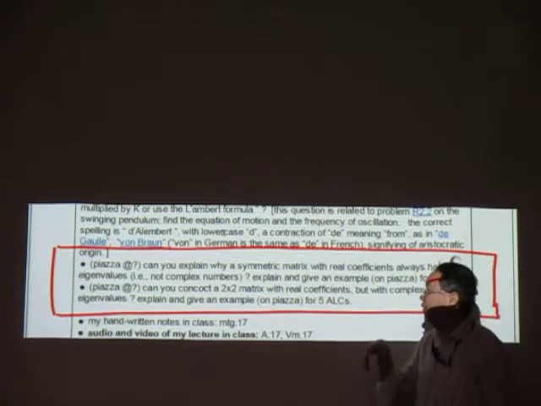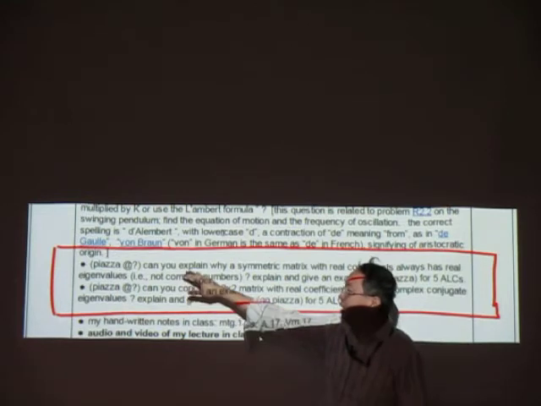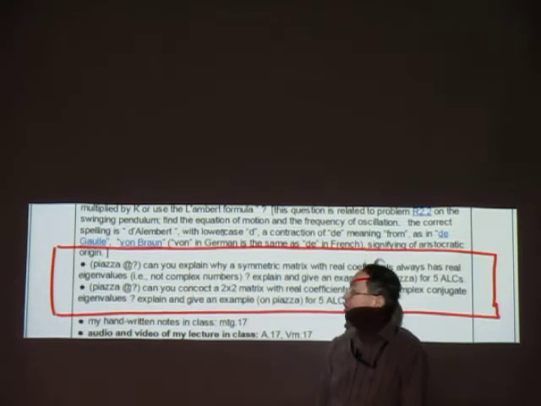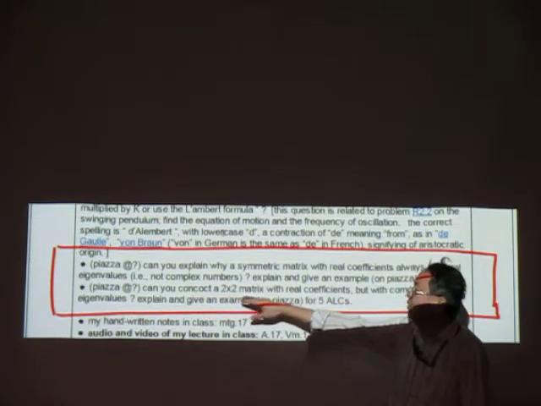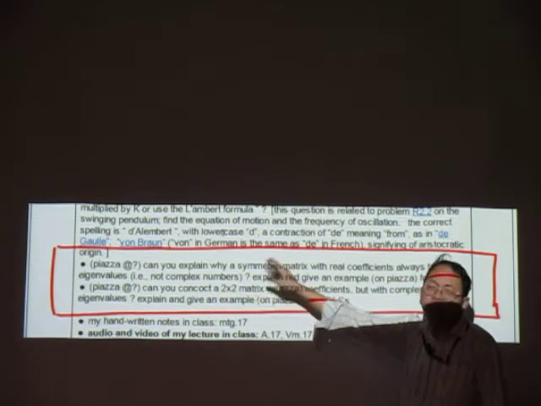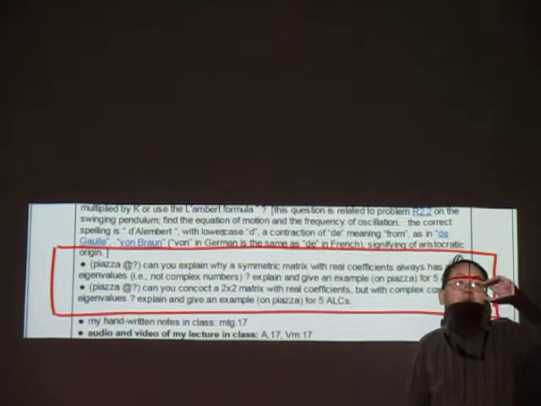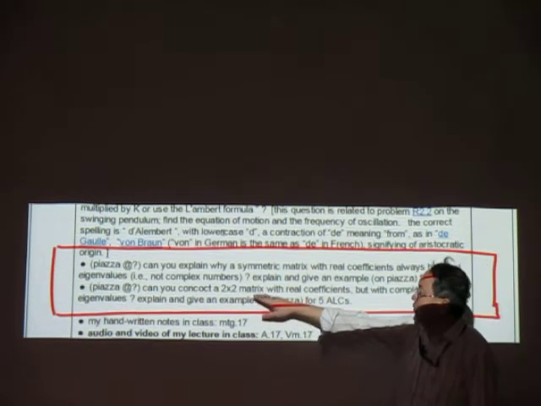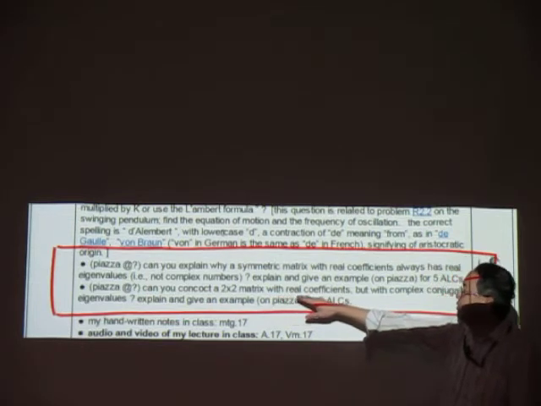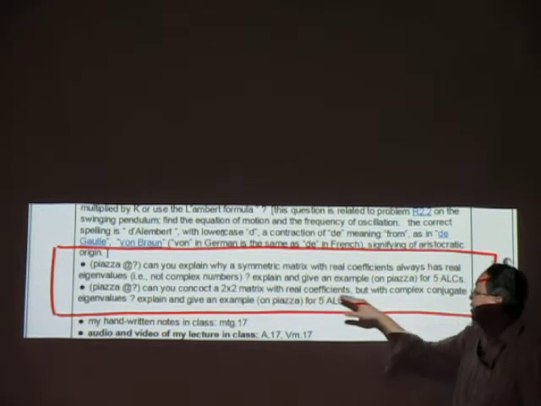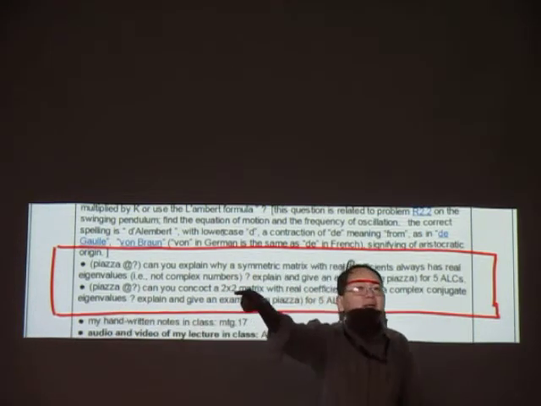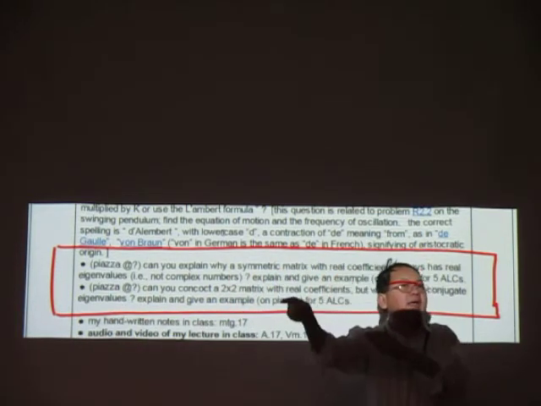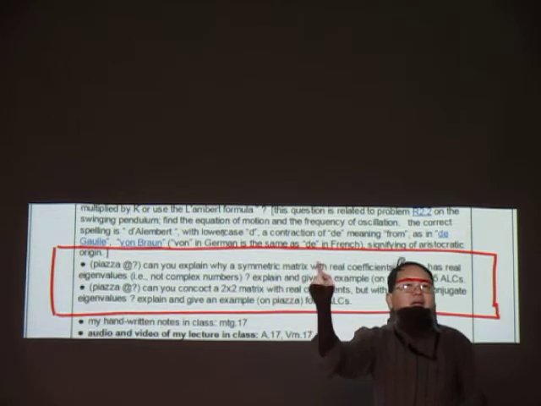Question number two, which is related to the first critical thinking question, is: can you concoct a 2x2 matrix? Let's keep everything 2x2, keep it simple. Can you fabricate a 2x2 matrix with real coefficients, but with complex conjugate eigenvalues? That would be an example that would really explain Kyle's question.